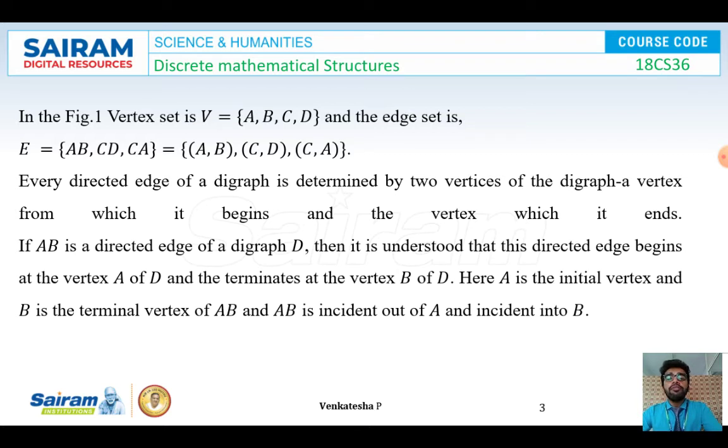For example, if AB is a directed edge of a digraph D, then it is understood that this directed edge begins at the vertex A of the digraph D and terminates at the vertex B of digraph D. Here the starting vertex A is called the initial vertex and B is called the terminal vertex. In simple words, the starting point of an edge is called the initial vertex and the ending point of an edge is called the terminal vertex.